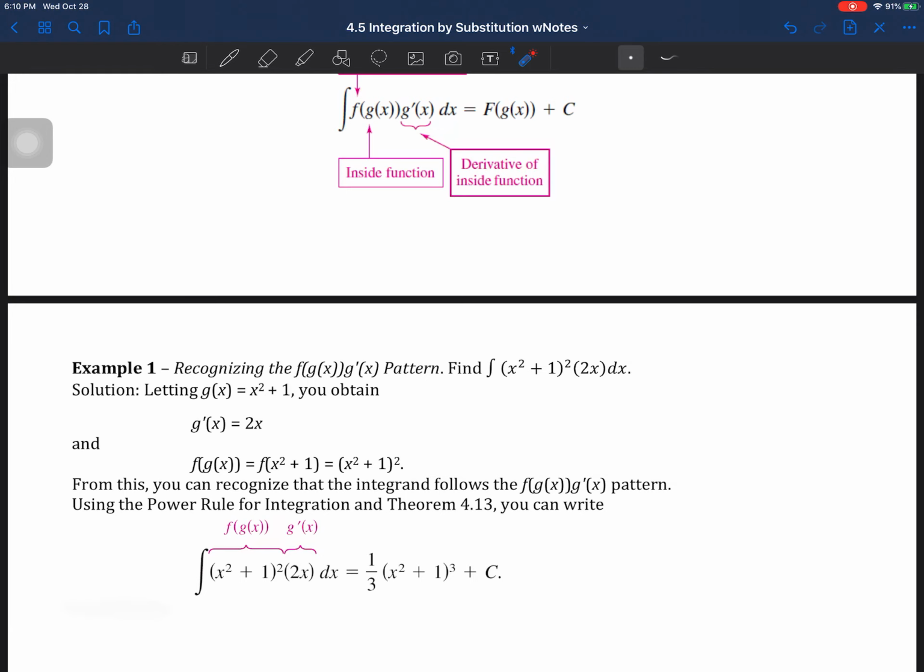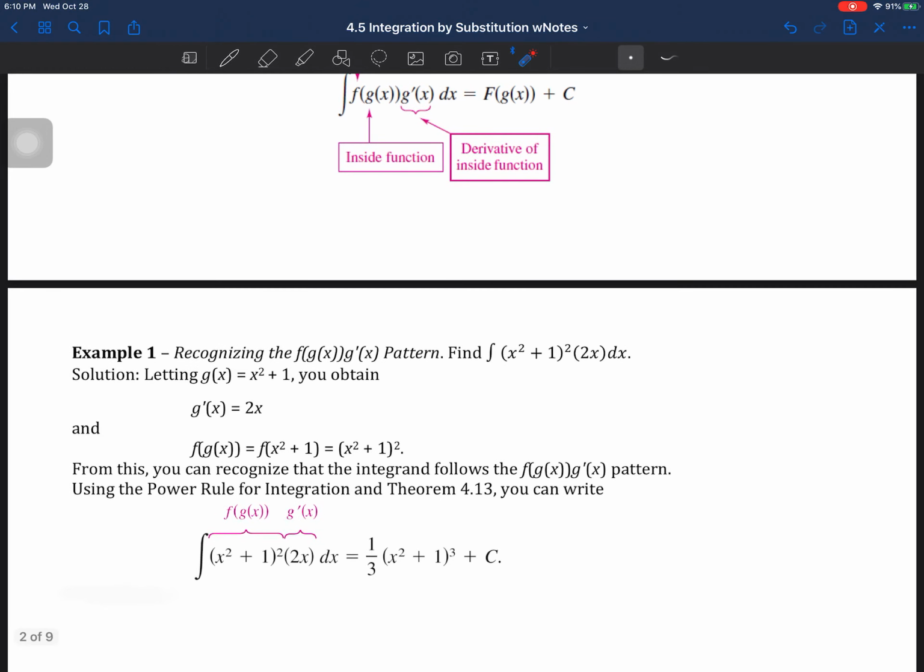So let's try example 1. First we're going to recognize the integrand. The integrand has a square function of x squared plus 1, and then outside there's a factor of 2x dx.